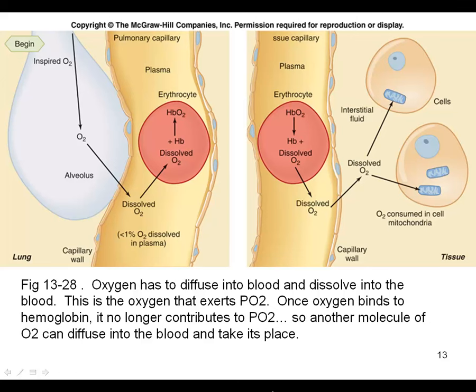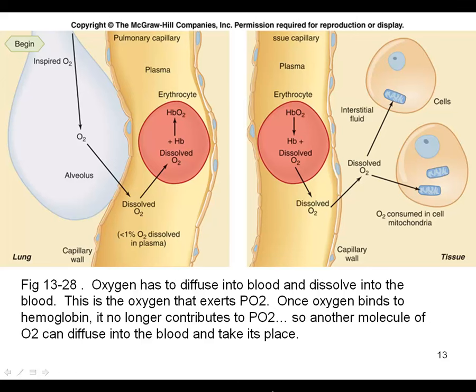So oxygen continues to diffuse in, and when all the hemoglobin sites are bound, then oxygen diffuses until the concentration gradient is equalized. And then no more oxygen can come in until we get new blood coming in that doesn't have oxygen. Then at the tissues, hemoglobin has to release the oxygen, it has to dissolve, and now exerts PO2.